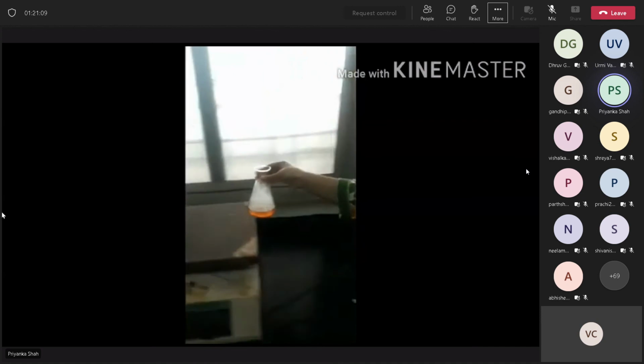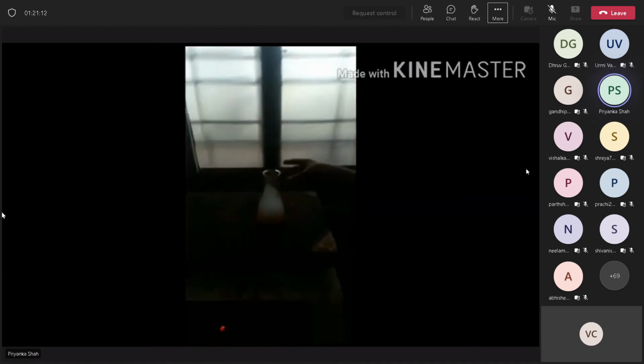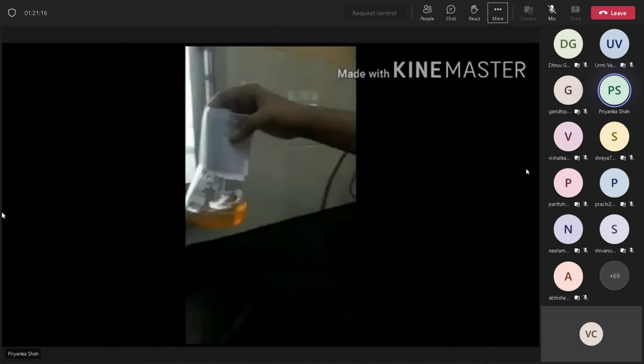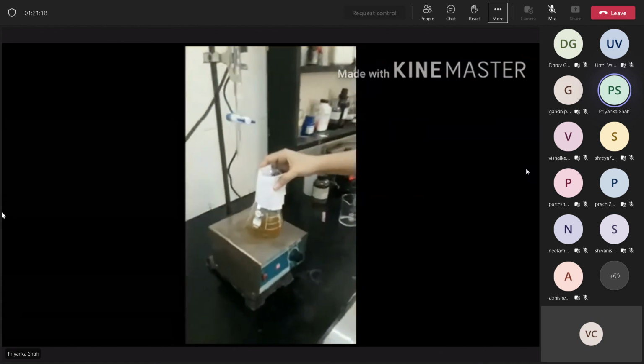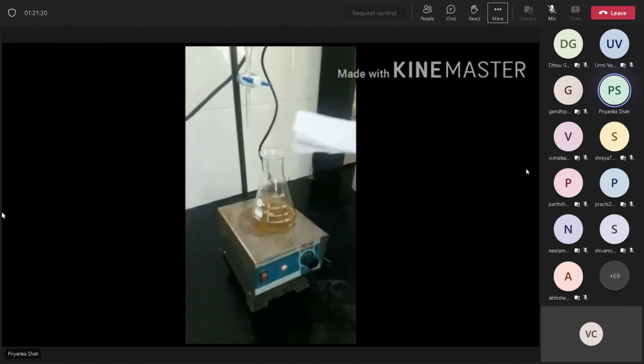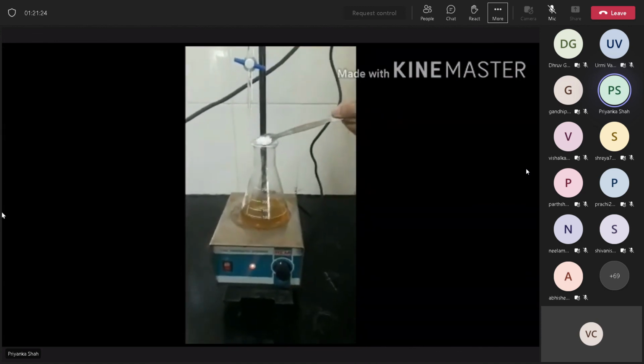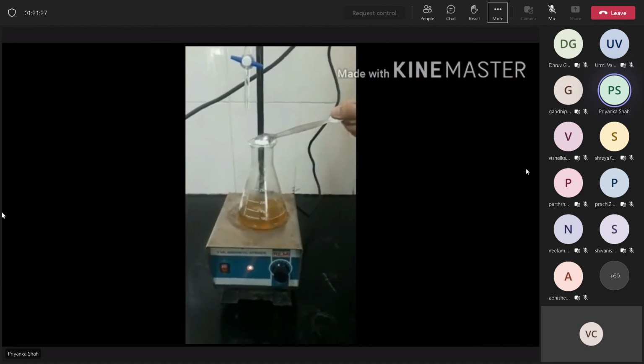The solution was boiled for 15 minutes until it was reduced to half. After boiling, it was cooled and diluted to 100 ml with distilled water, and to this, hexamine was added to maintain the pH between 5 to 6.